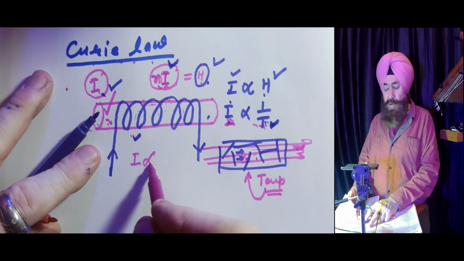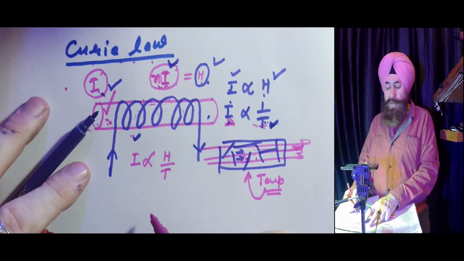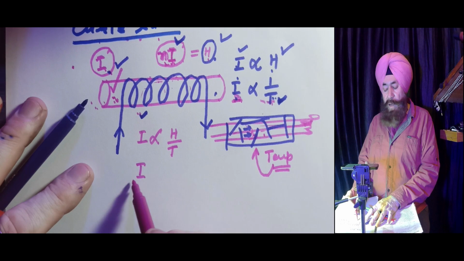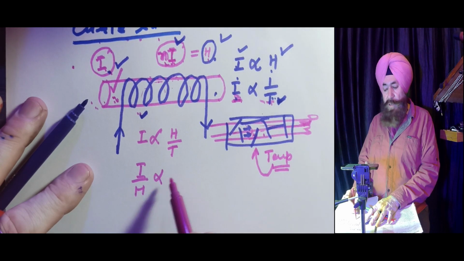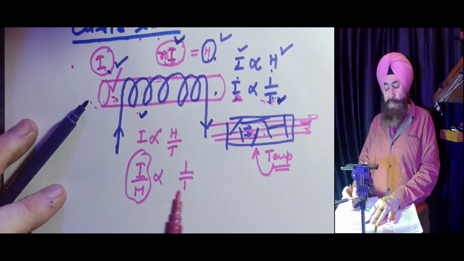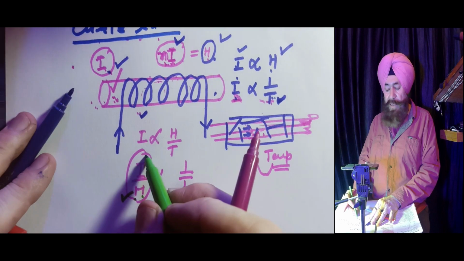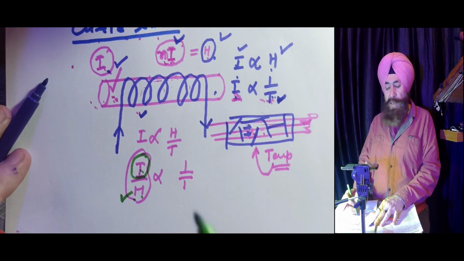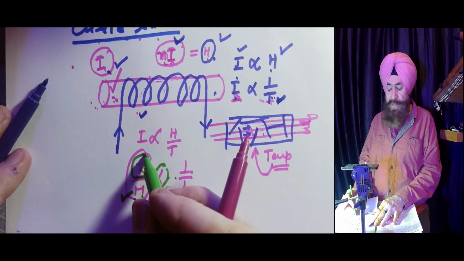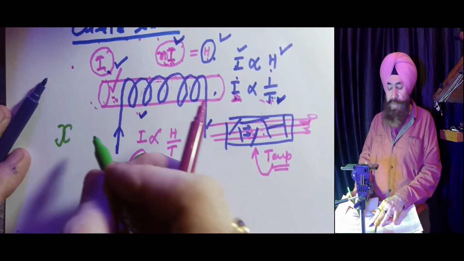That means I is proportional to H upon T, or you can say I upon H is proportional to 1 over T. And what is I upon H? H is the magnetizing intensity, and it develops I. I over H is called susceptibility.